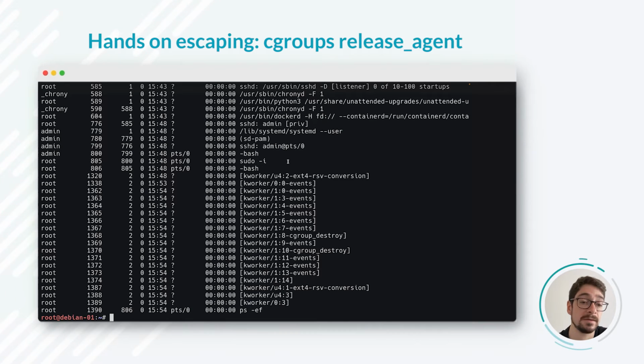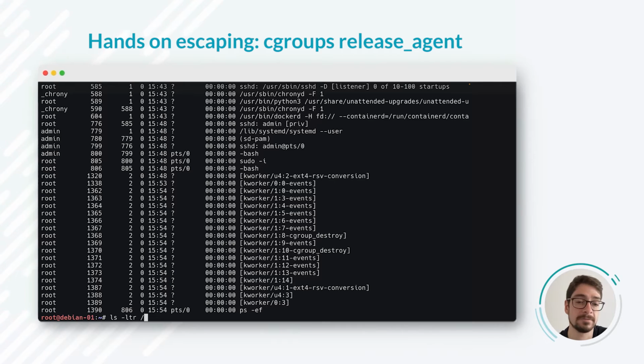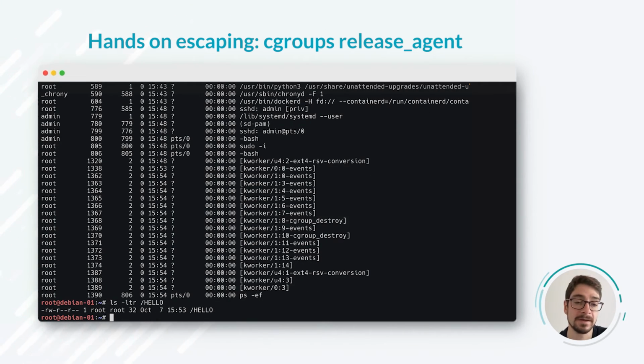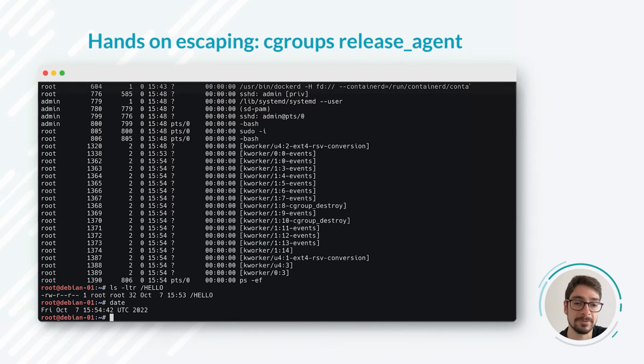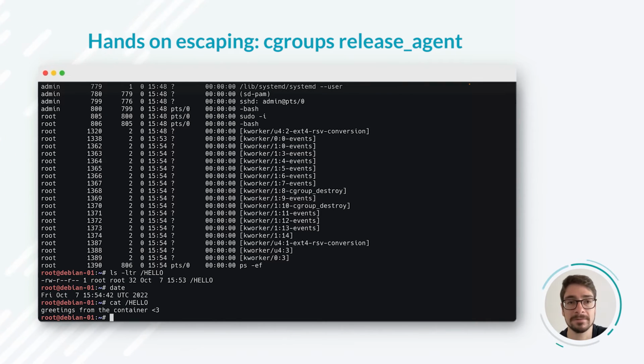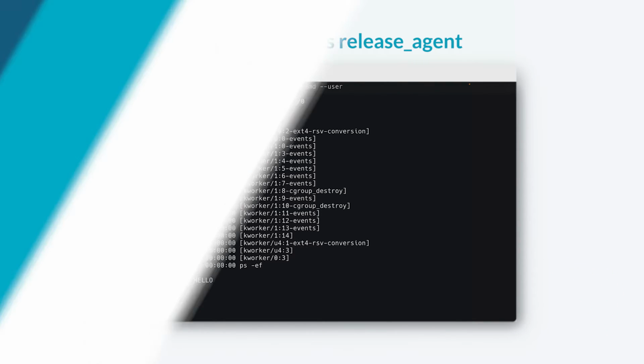And if we go to look at the file we have written, we see there's the file and it has been written some seconds ago, and it has our content. So we definitely break out.